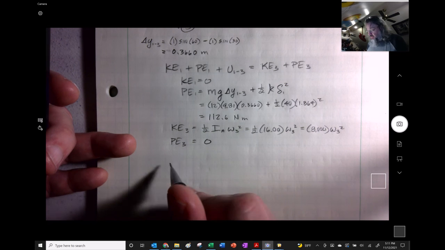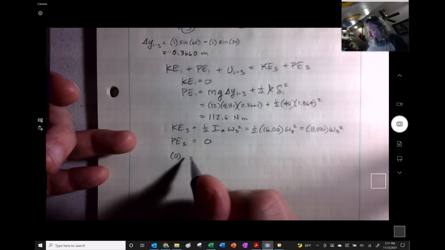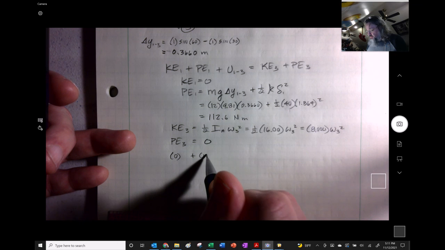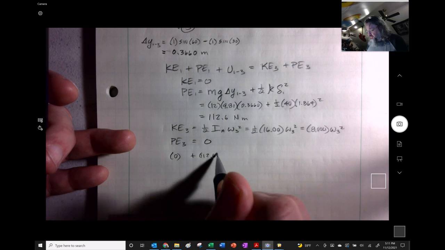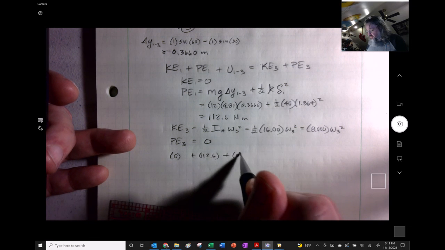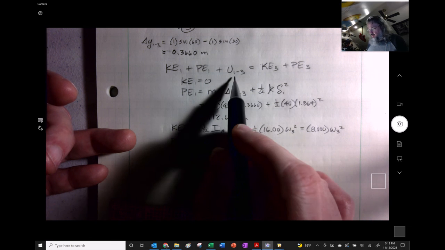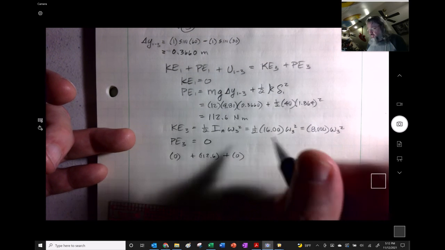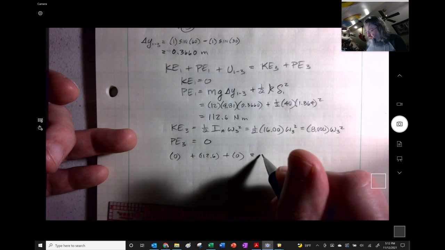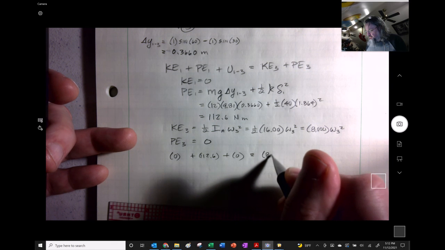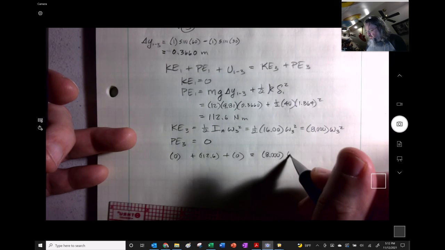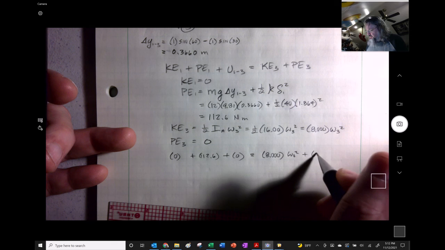So all we get here is 0 plus 112.6 plus 0. I didn't bother writing out, I guess I should have written, there's nothing that happens in between these two. It's going to be equal to 8. Here's your sig figs. Omega 3 squared plus 0.